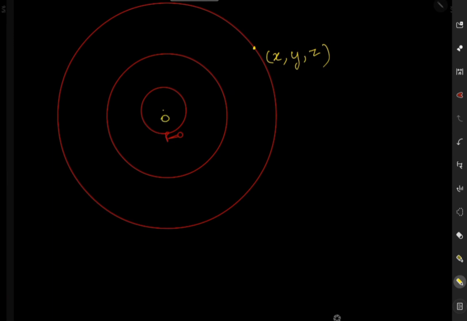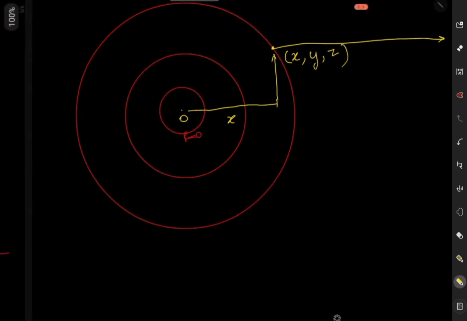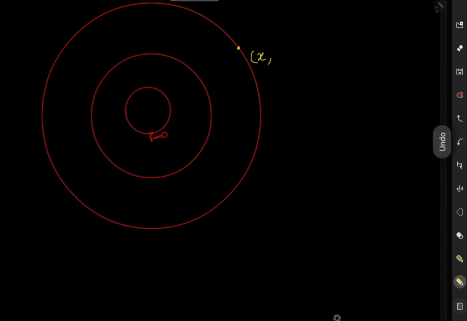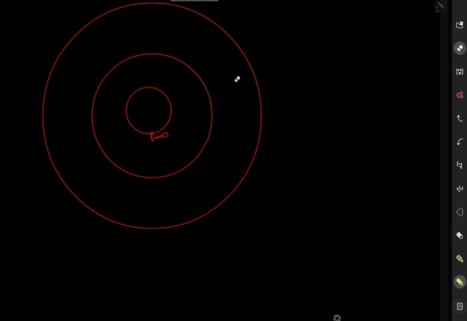from here, if our coordinates are these, then the direction will be, if this is the x coordinate, this is the x distance, then 2x will be double this, and 2y will be double this. Let's take this coordinate x, y, z.